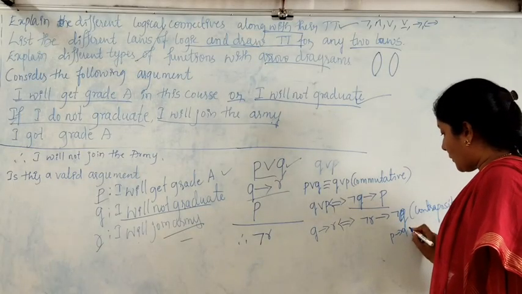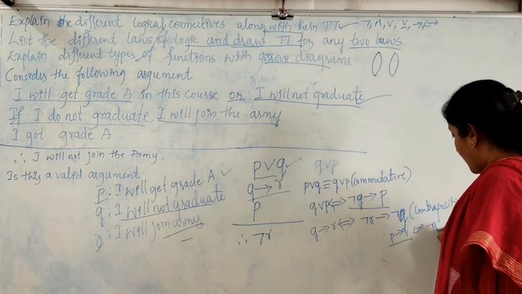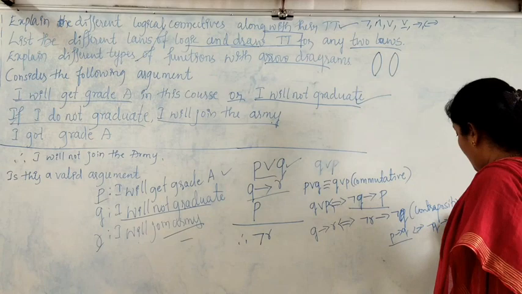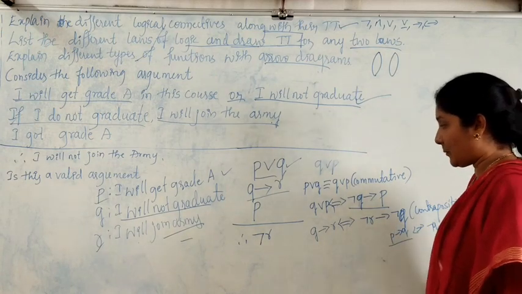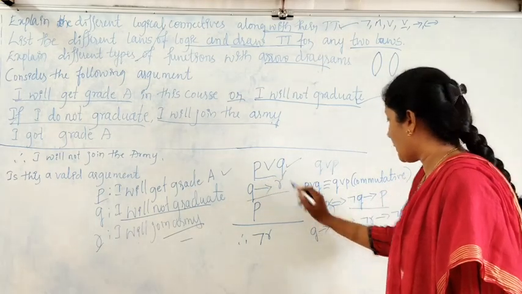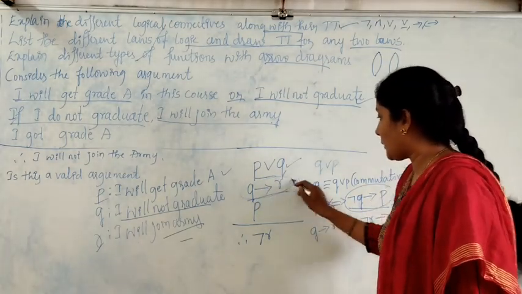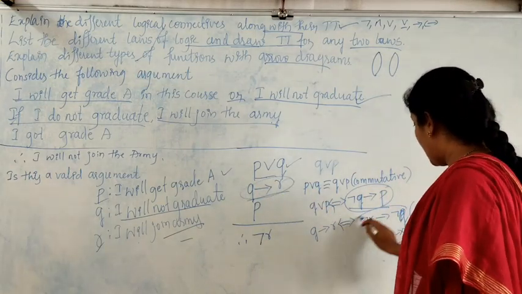If we have P conditional Q, that can be written as negation of Q conditional negation of P. This is how it is written. Now, let me write this. P or Q is nothing but this one, and Q conditional R is nothing but this one.